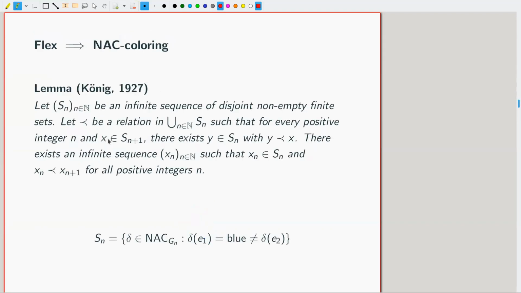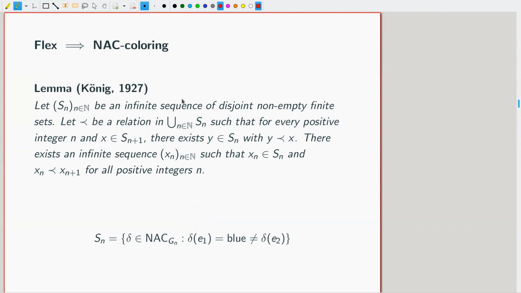For the opposite implication, we use so-called König's lemma. The lemma says that if I have an infinite sequence of disjoint non-empty finite sets, that I denote as S_n, and now I specify a relation on the elements of the union of these sets with some special property.